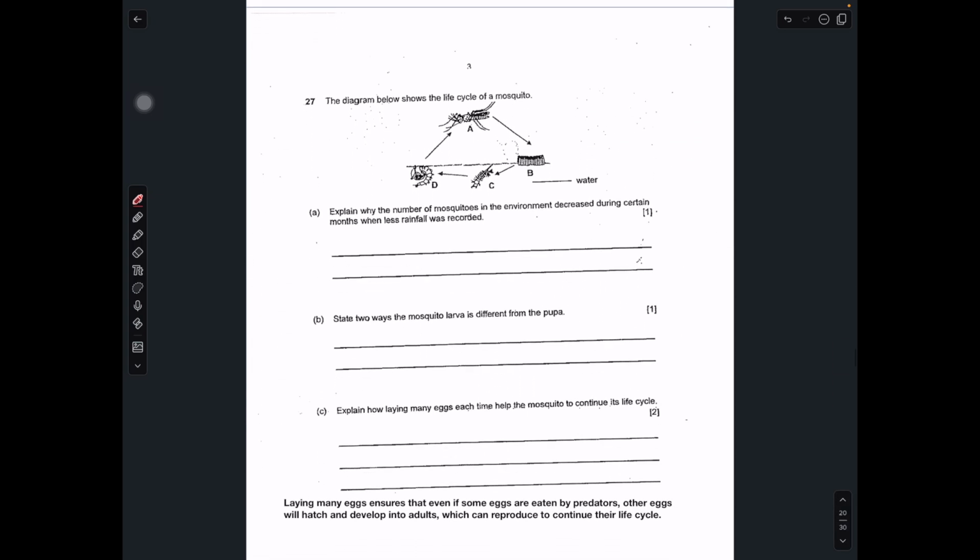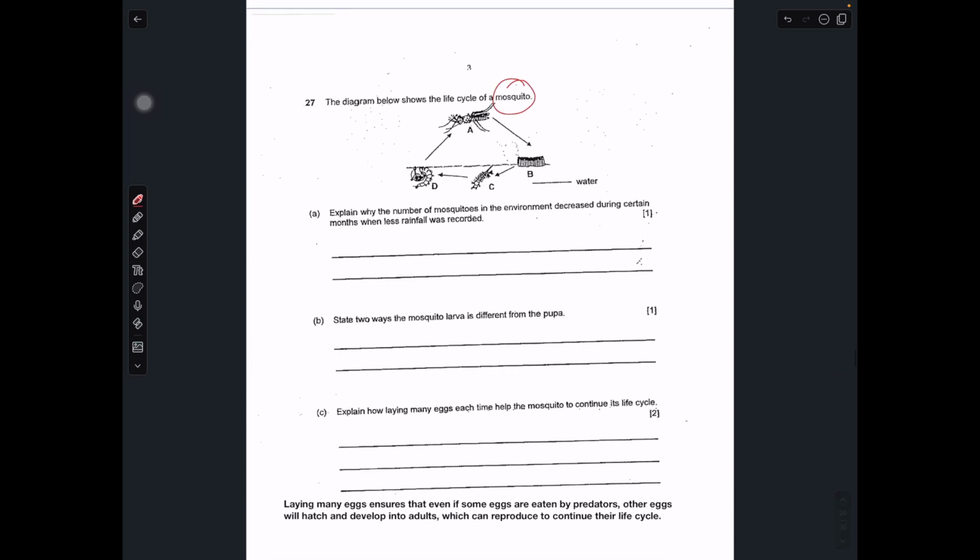Okay, so the diagram below shows a life cycle of a mosquito. They show you the egg, the larva, which sometimes they also call the wriggler. Then we've got the pupa, and you've got the adult. You notice one thing: the 3 stages, or rather the young, live in water.